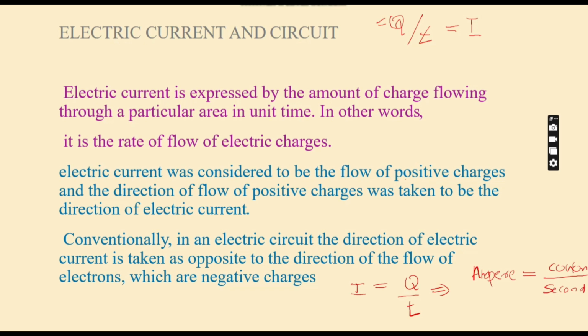So we can define 1 ampere is equal to 1 coulomb per 1 second. The electric current is the ratio of charge and time.